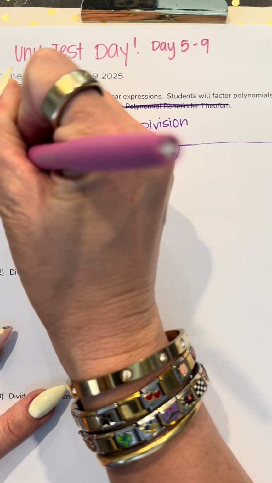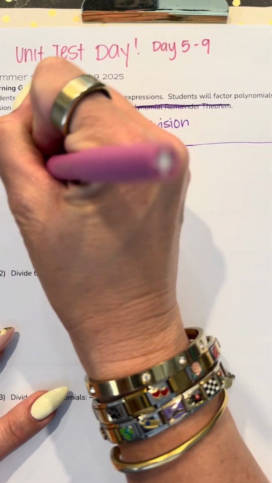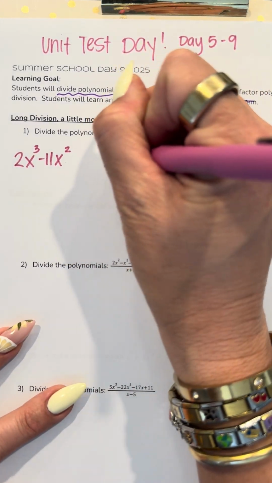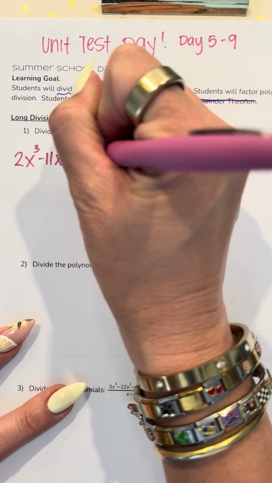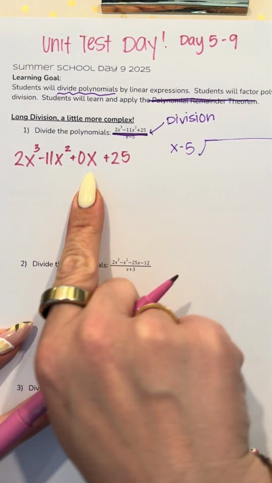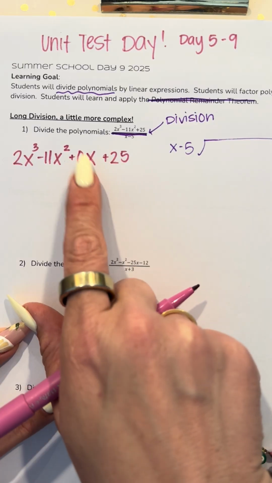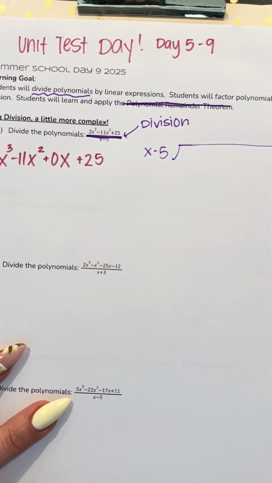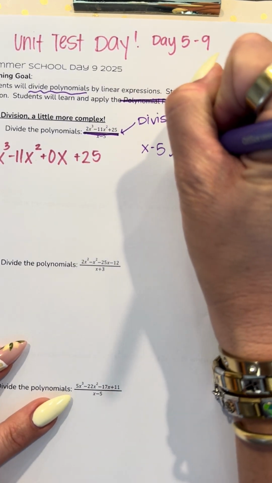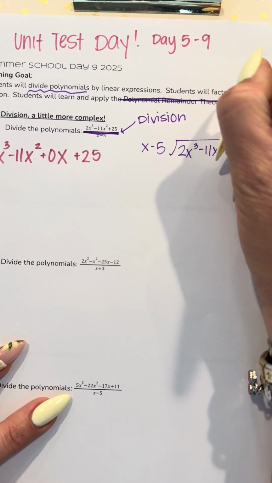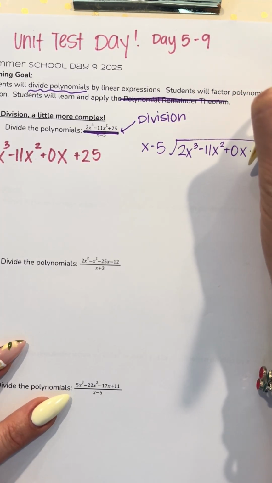I have 2x cubed minus 11x squared, and then jump straight to no variable plus 25. Remember, I have to fill this in and say just plain old 0x then. If it goes from x squared to no x's, we have to put that 0x in on our own. So 2x cubed minus 11x squared plus 0x plus 25.